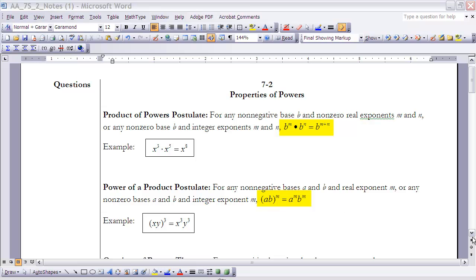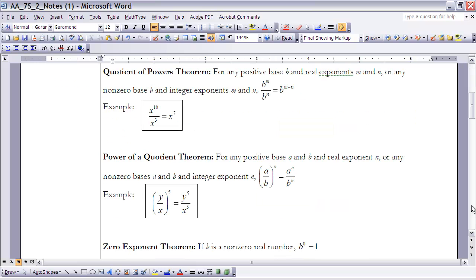Next, we have the quotient of powers theorem, and that says for any positive base b and real exponents m and n, notice how these bases have always been positive values here, if I take the exponents and subtract them, that's how that works.